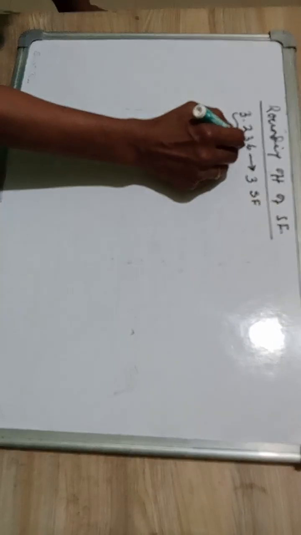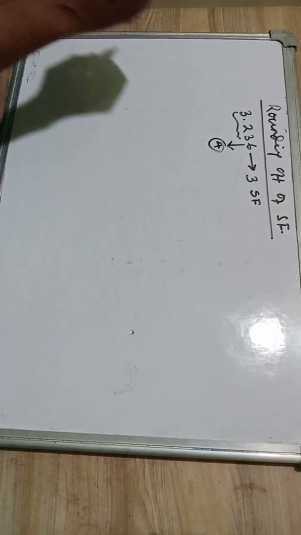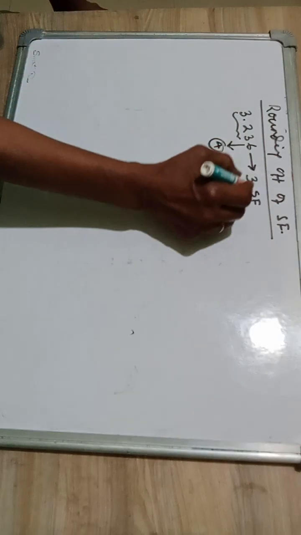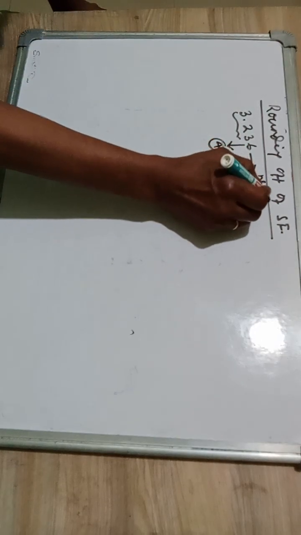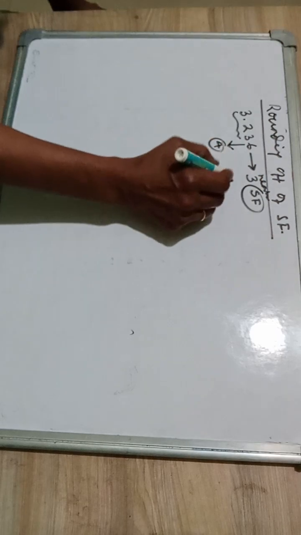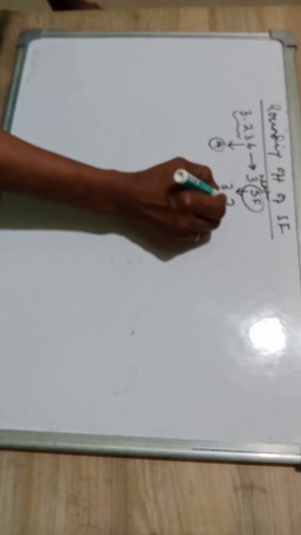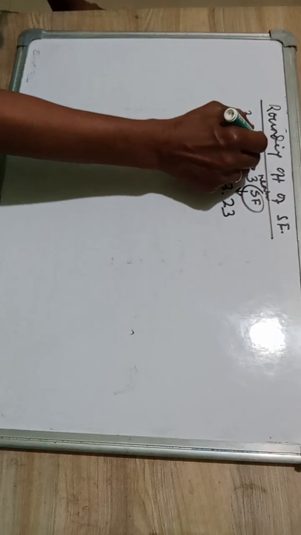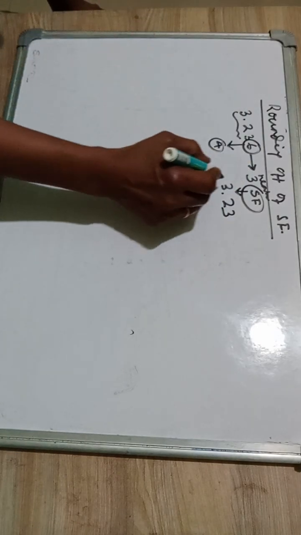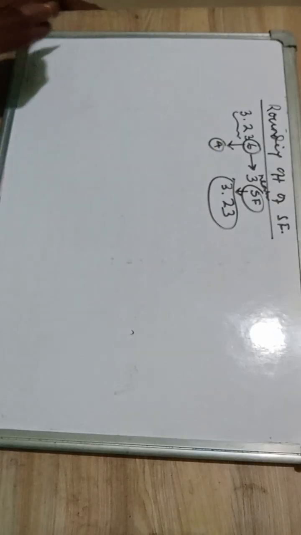Here the number of significant figures is 4 for this number. But we want to round to the nearest 3 significant figure. That means in that result it will be 3, 2, 3. This will be dropped.